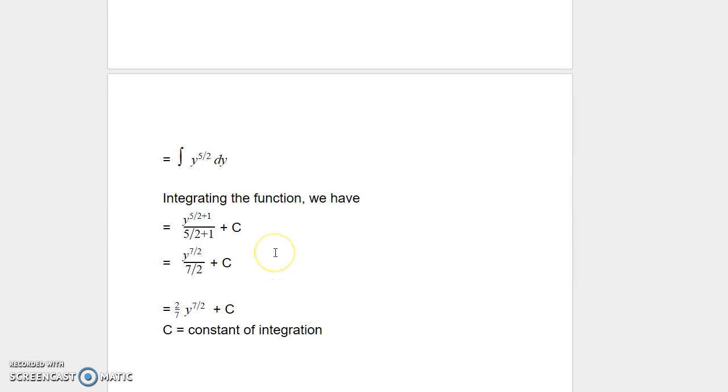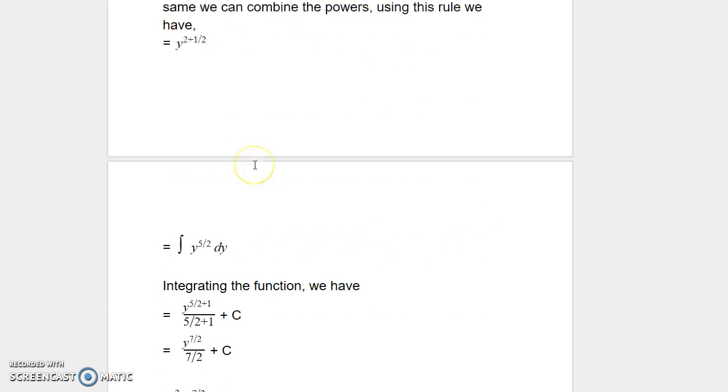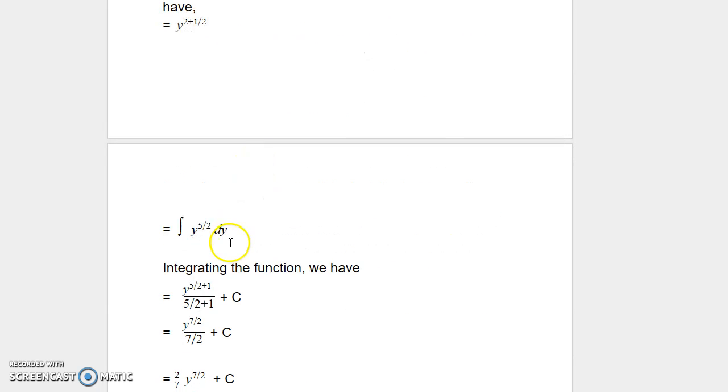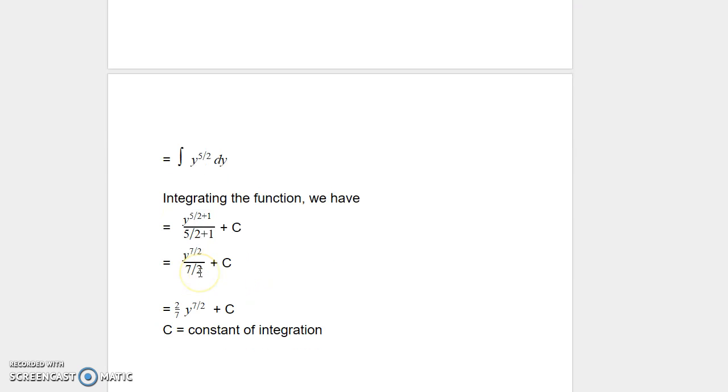Now, since we have simplified the given example problem, we can apply the integration process and arrive at the answer. So integrating this function, we are going to integrate y to the power of 5 over 2 dy.